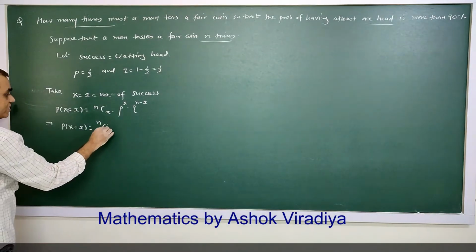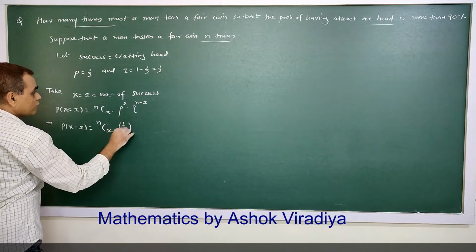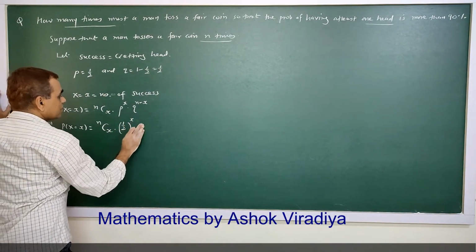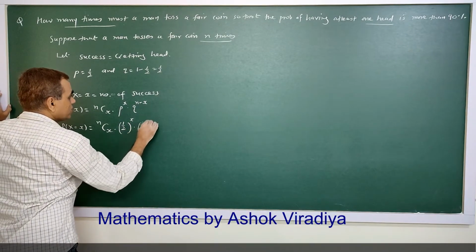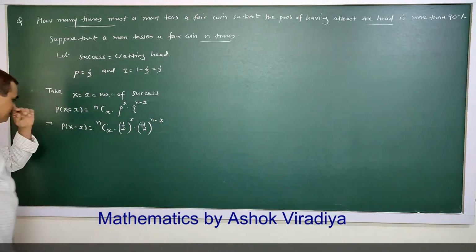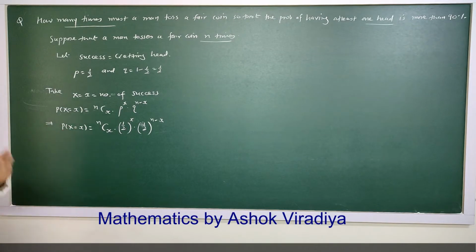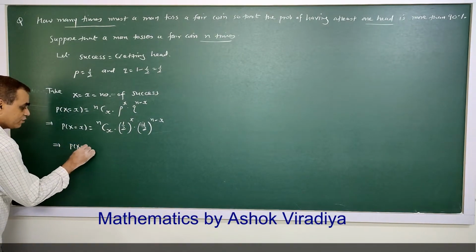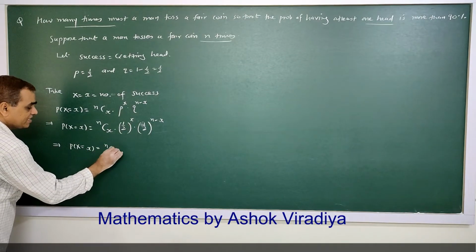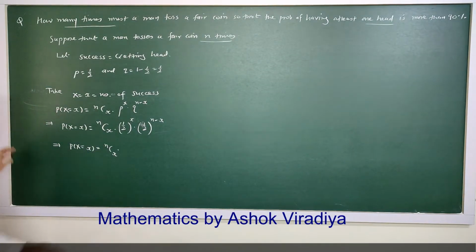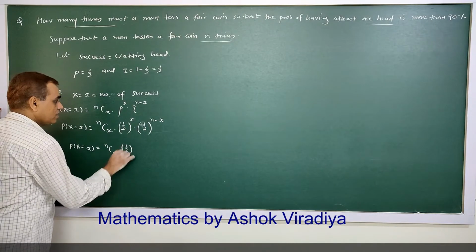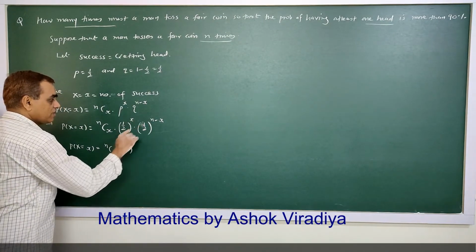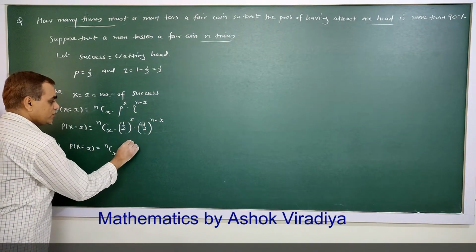So nCx, p is 1 by 2 raised to x, q is 1 by 2 raised to n minus x. We don't know n; we want to find n. So here the probability that X takes value x is nCx into 1 by 2 raised to, joining these two, n.